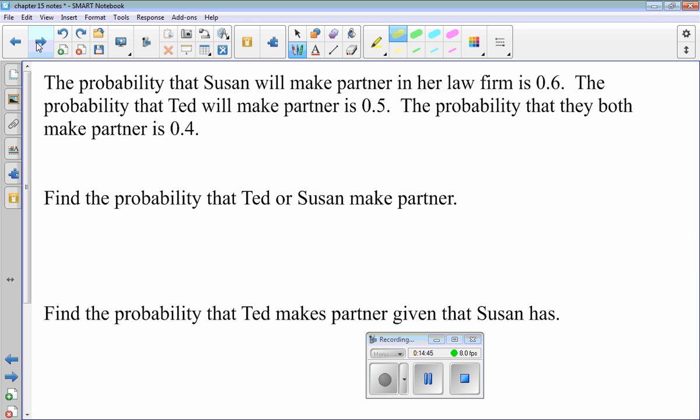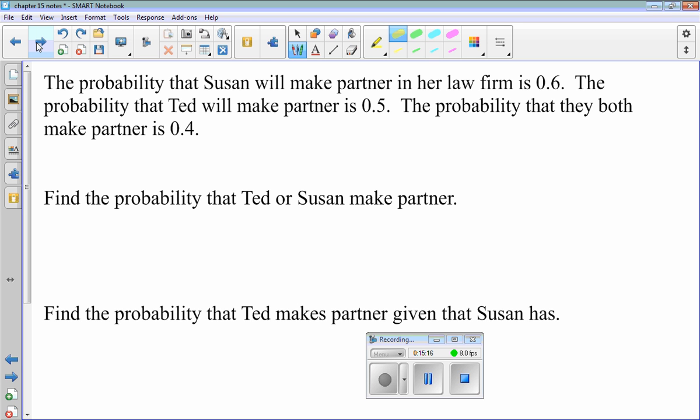You forgot a word between make and partner. You don't make a partner. You just make partner. That's what it's called. It's like a promotion. A partner is like a title. So you make partner in a firm. Let's be partners. Yay, we're partners. Okay, that's not what it is. Partner is like a level. But thank you for trying to read the grammar, please. I appreciate it. I need it.